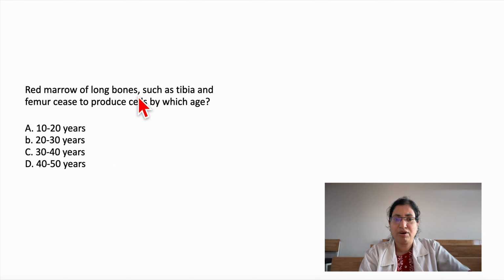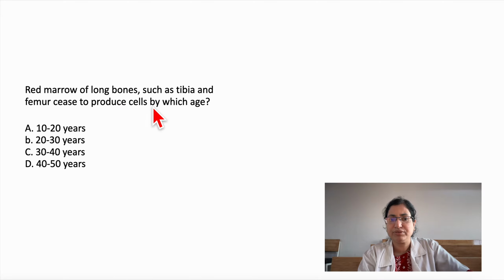Red marrow of long bones such as tibia and femur stops to produce cells by which age? So answer is 20 to 30 years. So by age of 20 to 30, the red marrow of long bones such as tibia and femur stops to produce cells.